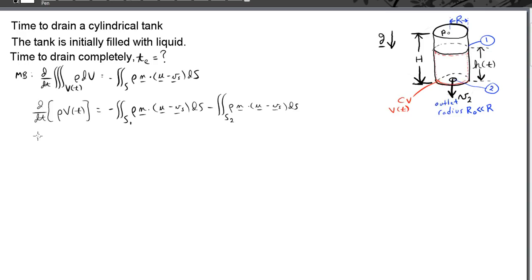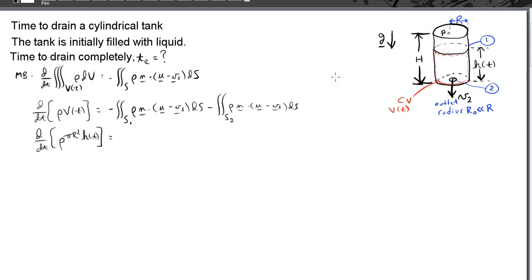And so now we can look at the left-hand side. Well, we have now the time derivative of rho times the total volume of liquid at any instant of time. Well, what's the volume? It's the cross-sectional area multiplied by the height. So it's pi r squared times h of t.